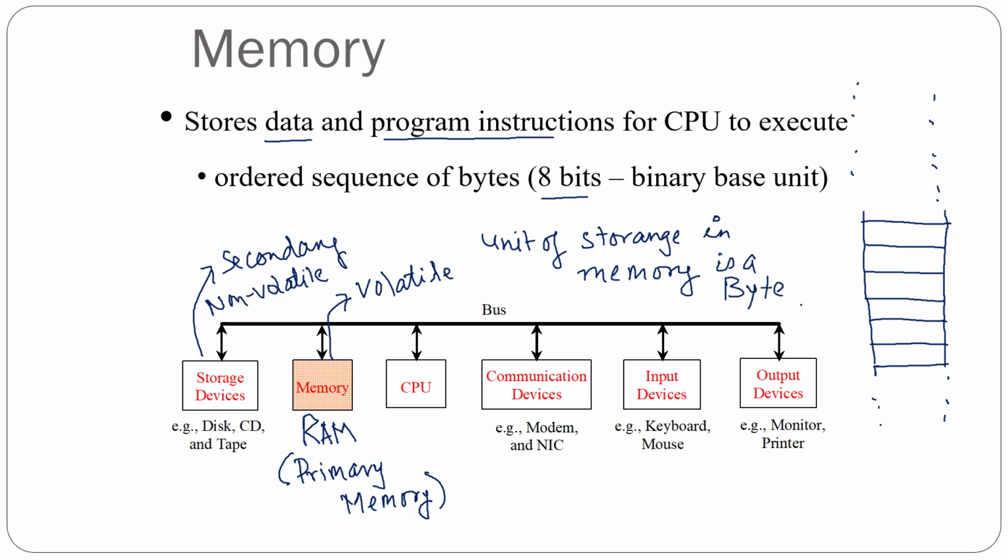We'll understand what a byte is. You are saying that the data you store in memory will have the basic unit as a byte. Now you will ask me, what is a byte? Byte refers to 8 bits. 8 bits means a byte.